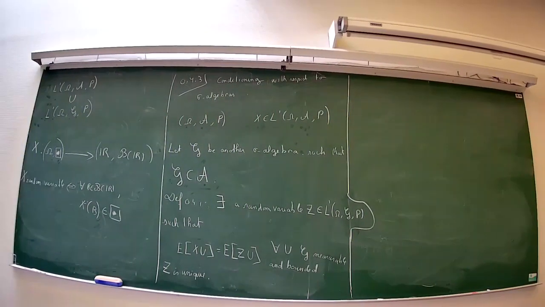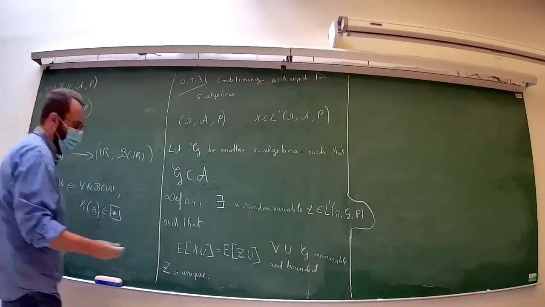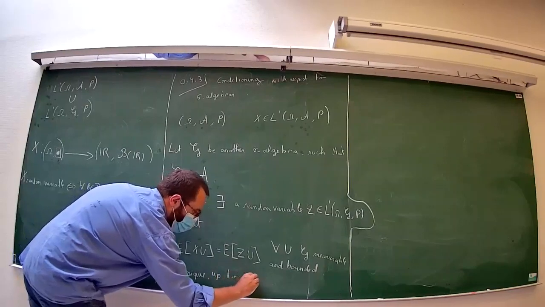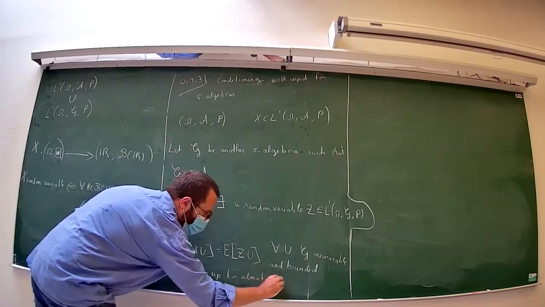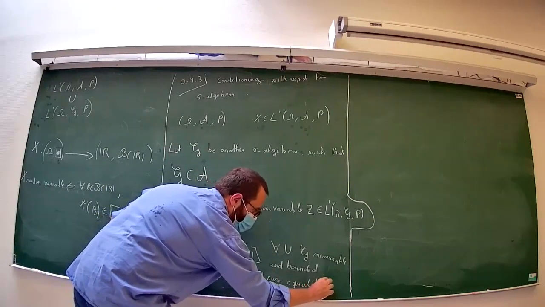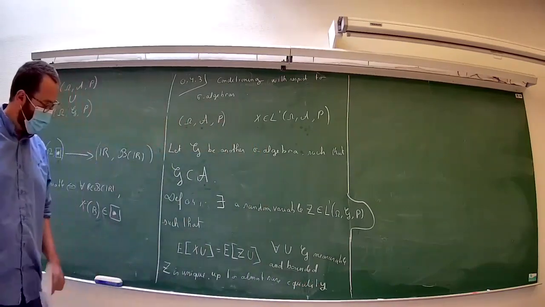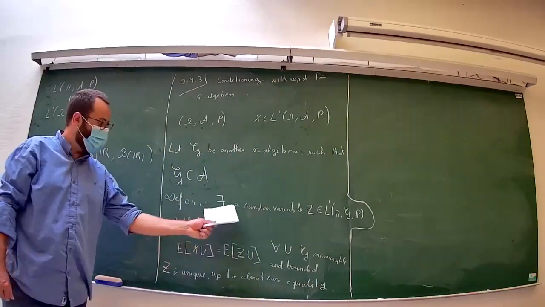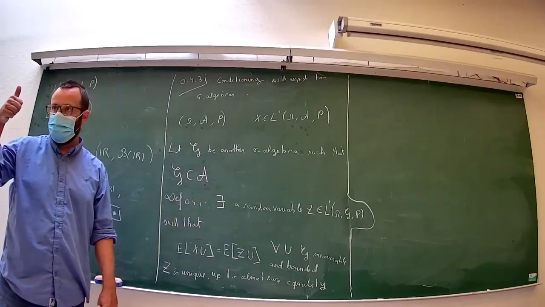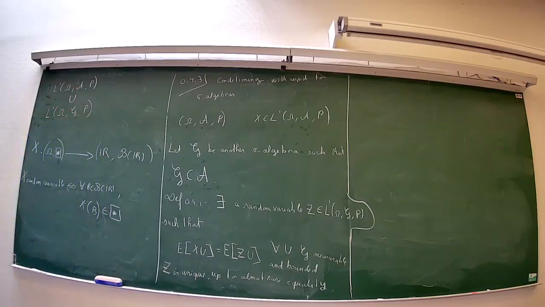So Z is unique up to almost sure equality. And I repeat the meaning of this last sentence: if I have Z1 and Z2 that fulfill this, it means that the probability that Z1 is equal to Z2 is equal to 1. Okay. So this is my definition of conditional expectation with respect to the sigma-algebra G.